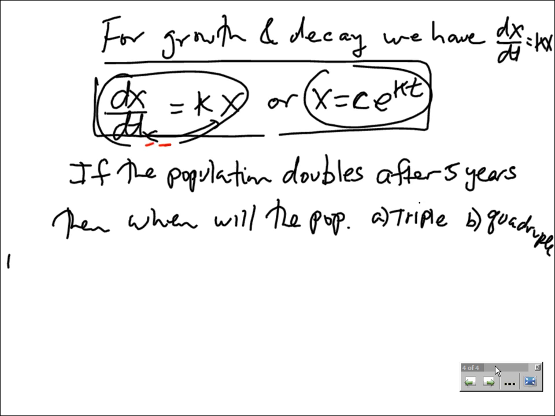Triple means becomes 3 times as many, and quadruple is 4 times as many from the beginning.